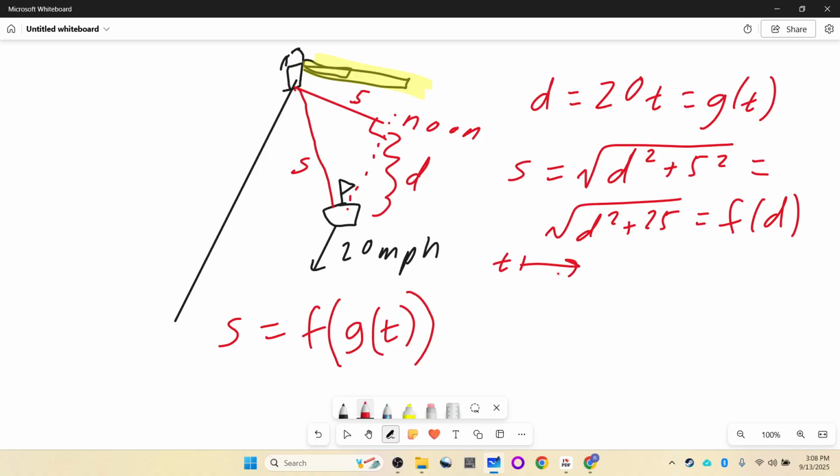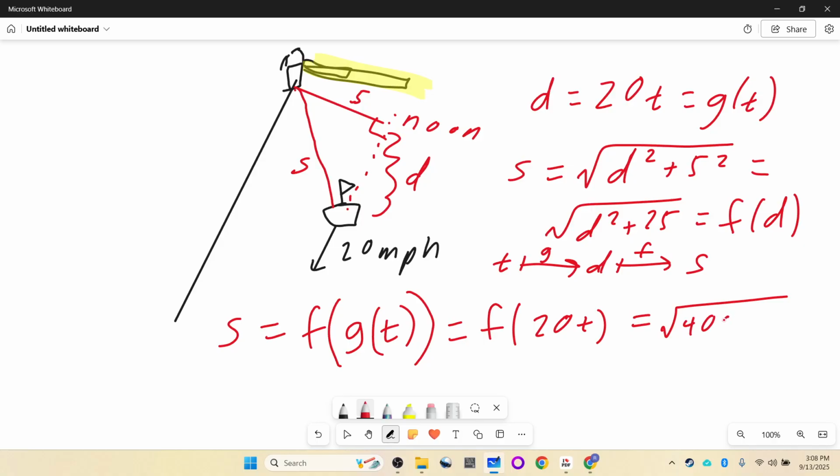T gives us D, and then D gives us S. The first one was G, the second one was F, so it's F of G, which would then be F of 20T. We'll plug that into this F function. It would become the square root of, let me write it out in parentheses, (20T) squared plus 25. I would expand that out as the square root of 400T squared plus 25.